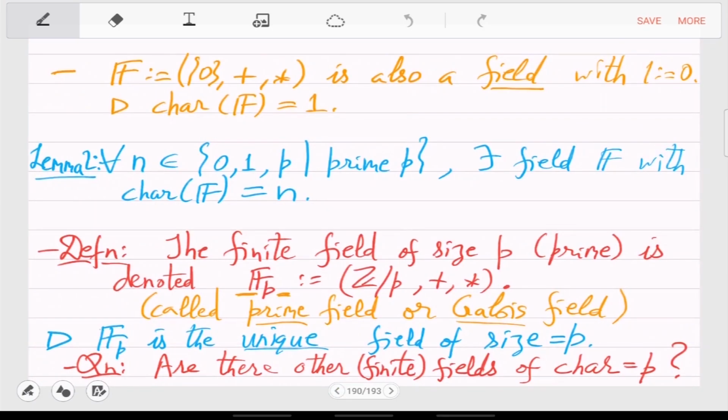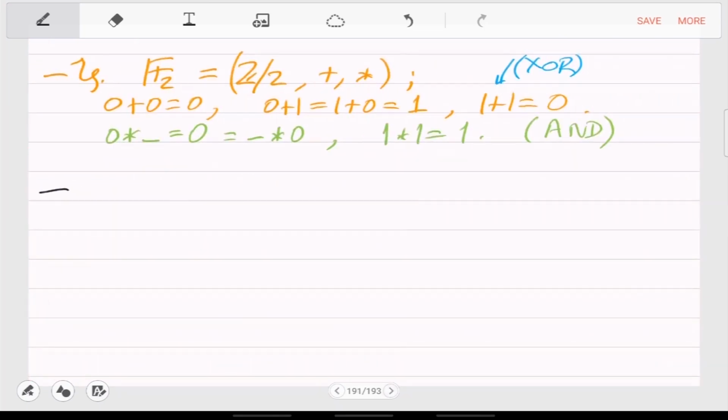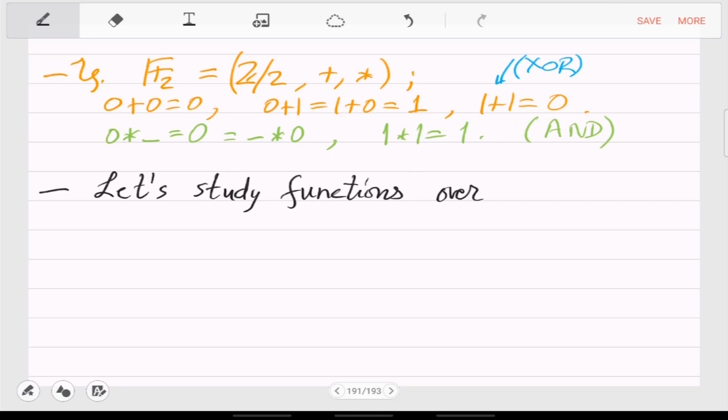Right, so you have seen a unique one, Fp, but are there other finite fields? So also for that purpose, we will go to functions over numbers or over fields. And in computer science, the only function which is important is polynomial. So in particular, we will study polynomials.